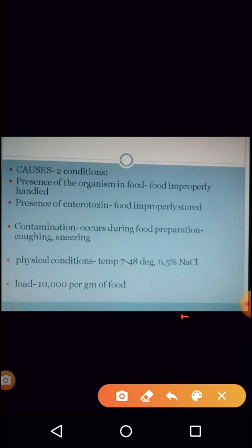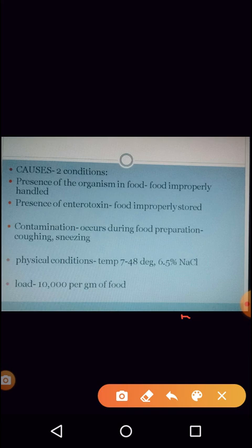As I told you, the organism can be easily present on the skin of the individual, in lesions. So if a person is having lesions or the organism is present on the skin, the person, without washing the hand, serves you the food, the street food. Definitely you would have seen the person doesn't wash the hand every time.